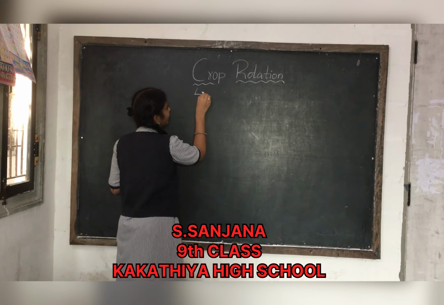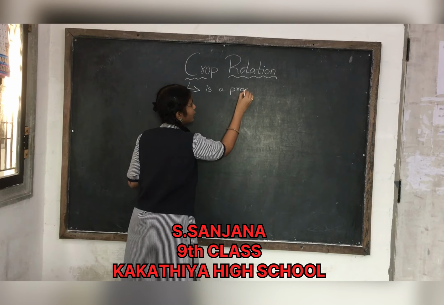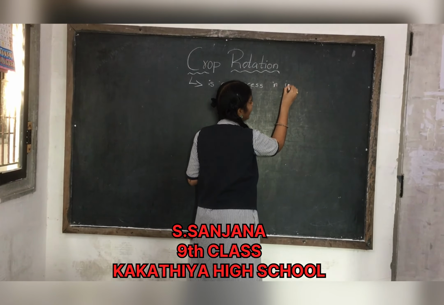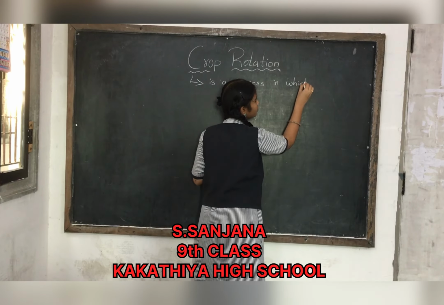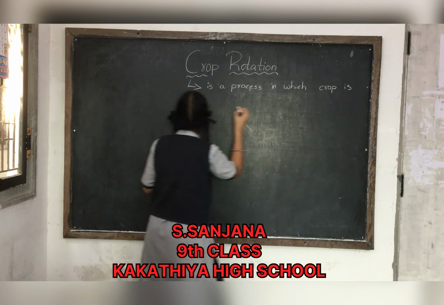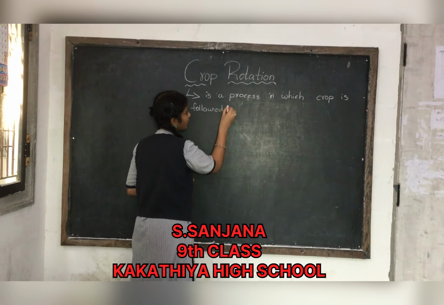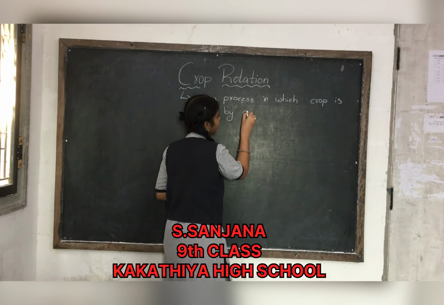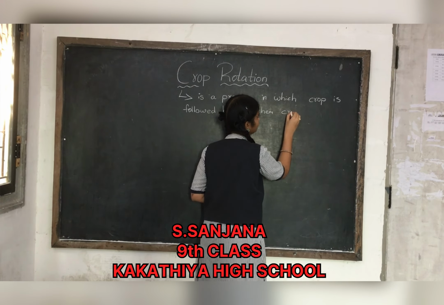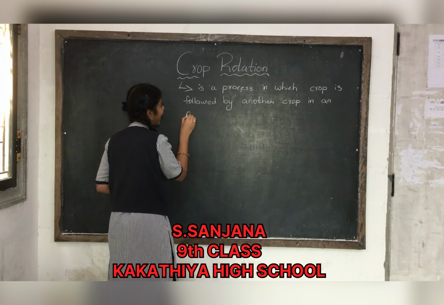Crop rotation is a process. Crop rotation is a process in which a crop is followed by another crop in an agriculture field.